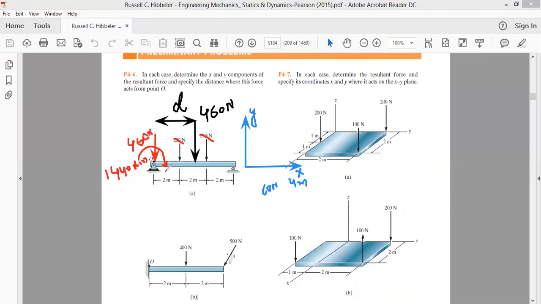But at point O we also have a moment. If this force has been moved to a distance d, this force has to satisfy two conditions. First of all, its magnitude and direction should not change.